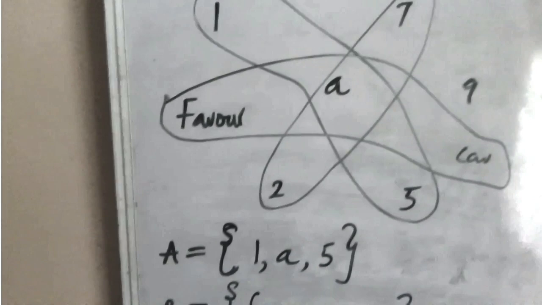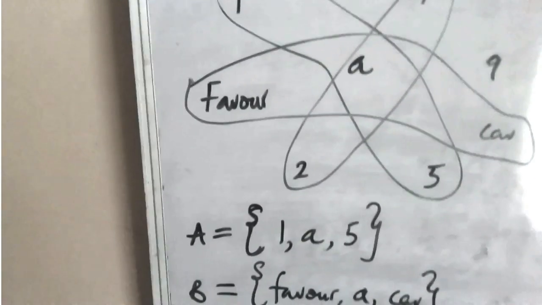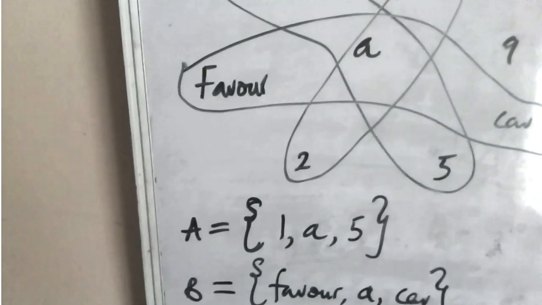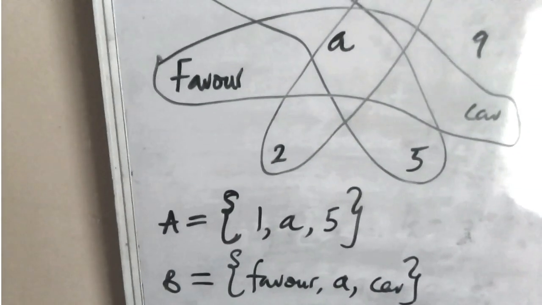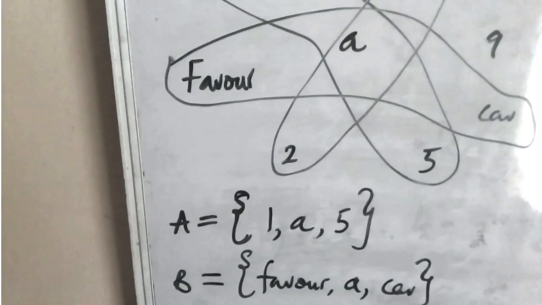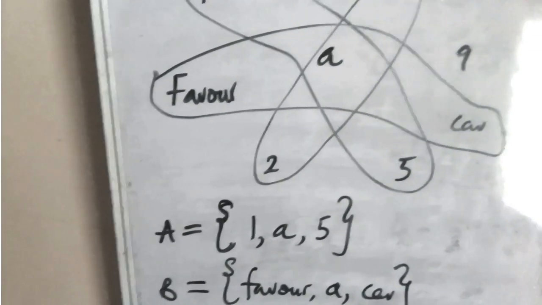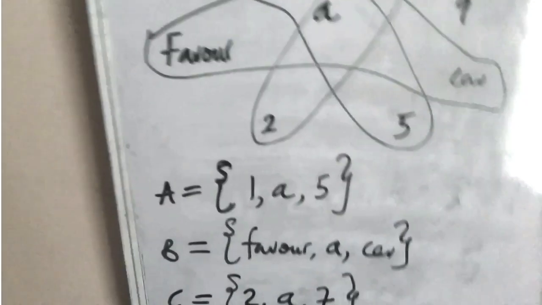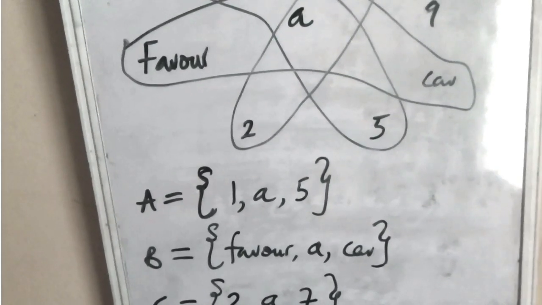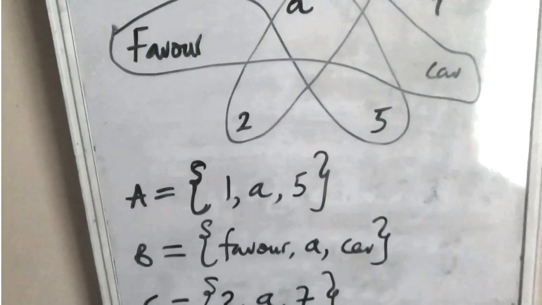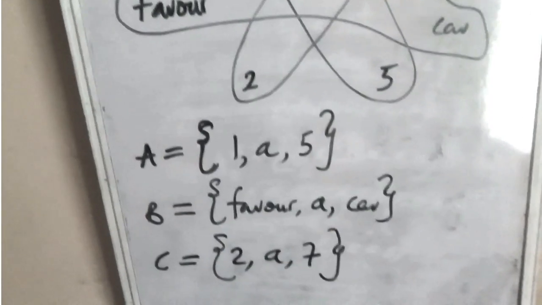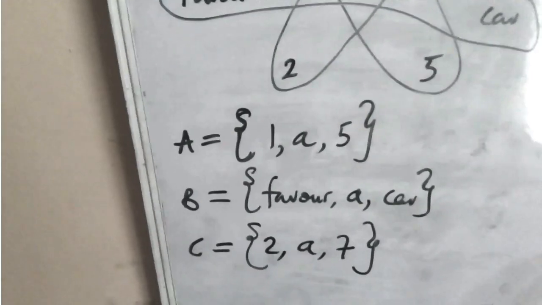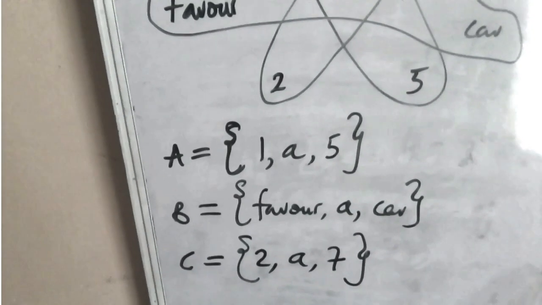The first set here is a set that I named A, which comprises of 3 elements, 1, A, and 5, which is placed within a curly bracket. And the second set here, set B, is favor, A, car, placed within a curly bracket. And the third one is C. The elements of the set are 2, A, and 7.